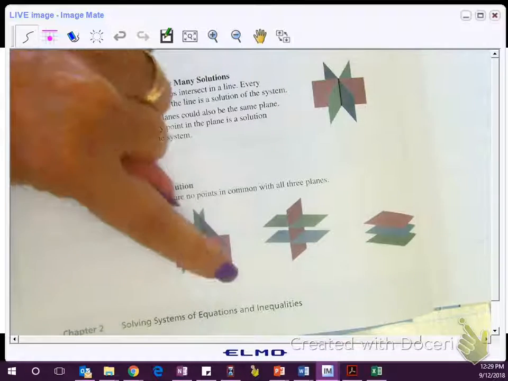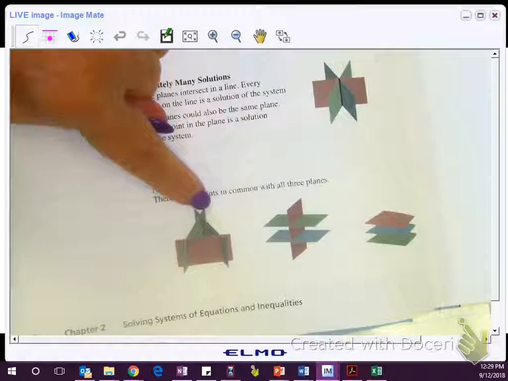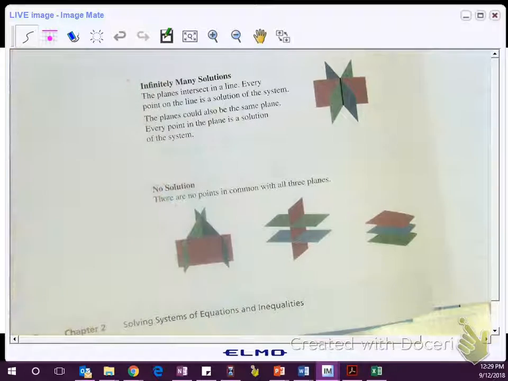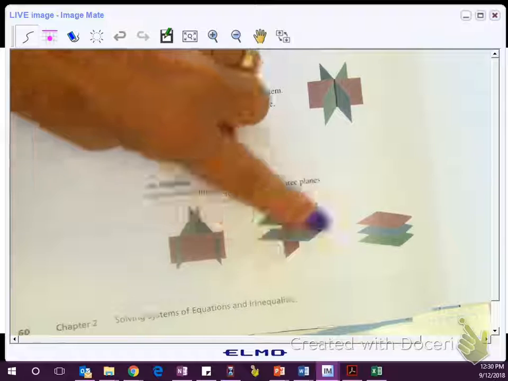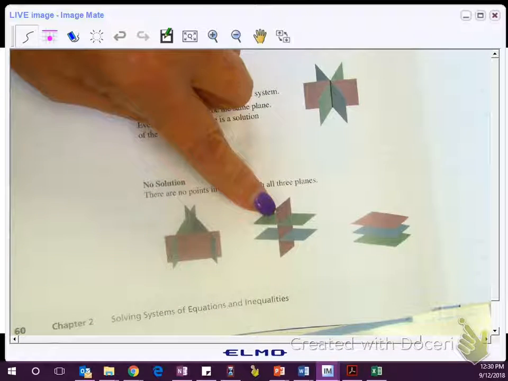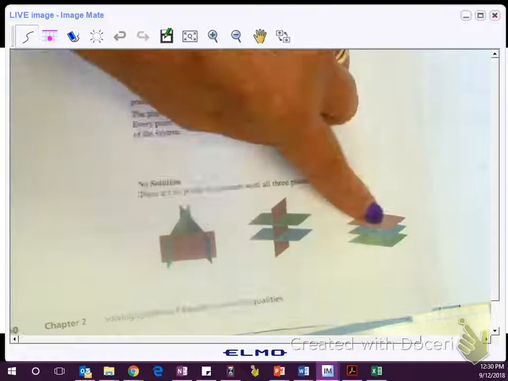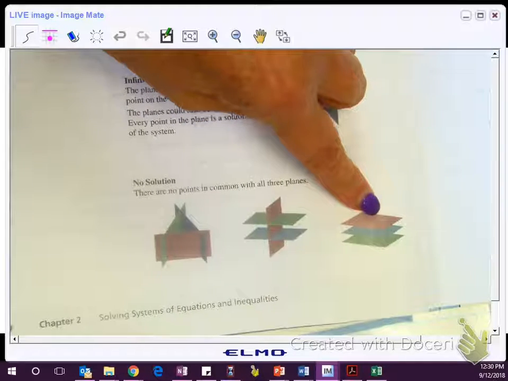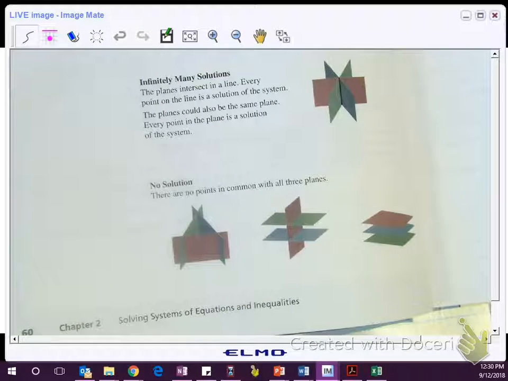This one, these two intersect, and those two intersect, but there's no place where all three of them intersect. This one, two of them are parallel, intersected by the third one, but they don't all come together anywhere. And in this situation, all three of them are parallel and none of them will ever intersect. But to all three of those, there is no solution.